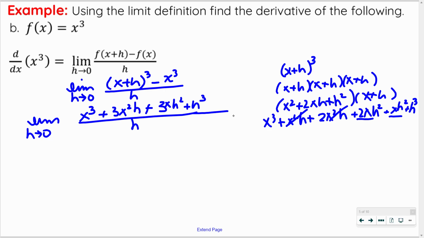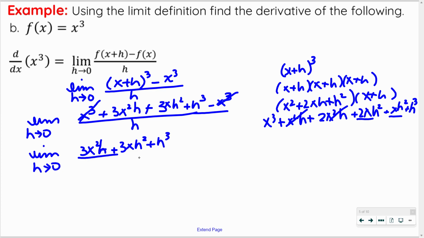Now take away the x cubed. I almost forgot that. Okay, so x cubed take away x cubed is gone, so I'm left with the limit as h approaches 0 of 3x squared h plus 3xh squared plus h cubed all over h.